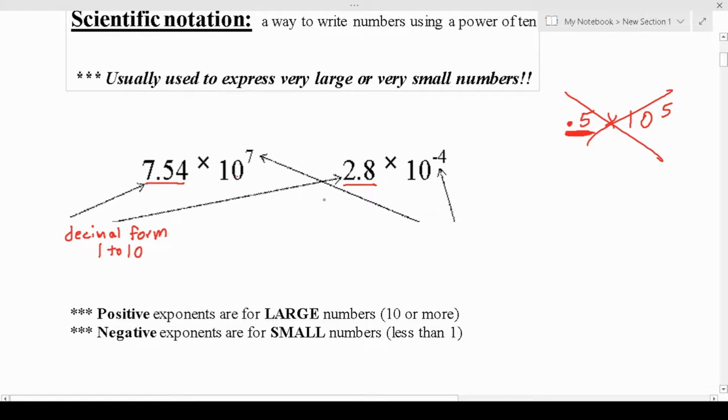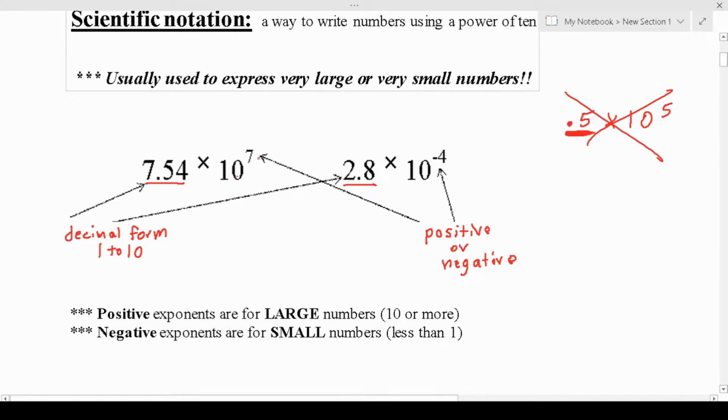Okay? Another thing I want to point out is that both of these numbers written in scientific notation have exponents. In this case, it's raised to the positive 7th, and in this case, it's raised to the negative 4th. So all numbers written in scientific notation are either going to have positive or negative exponents.